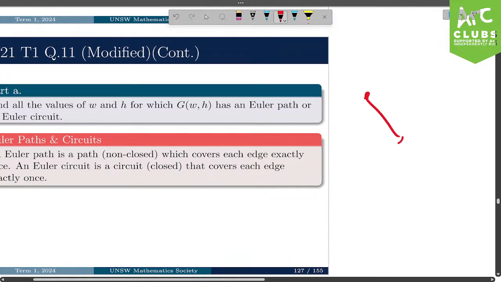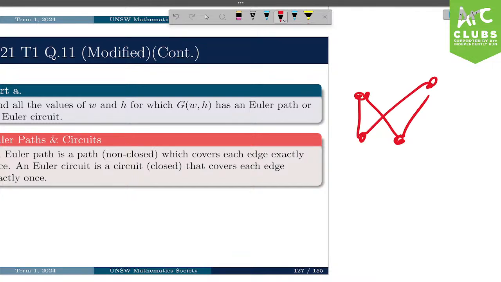So as an example, let me whip up a quick graph here. If I was to try and make an Euler circuit along this graph, I would try and visit every edge like this and then come back to where I started, okay?